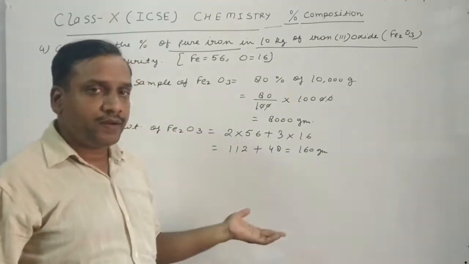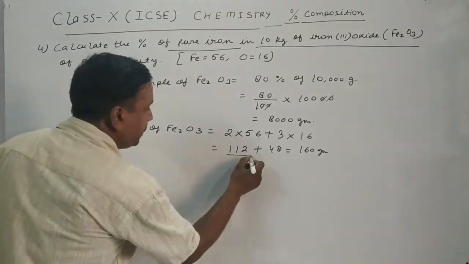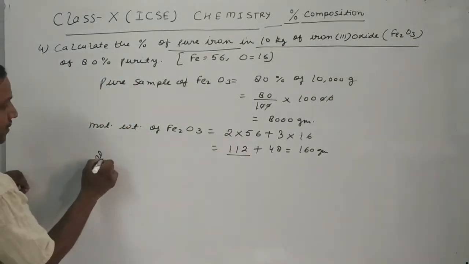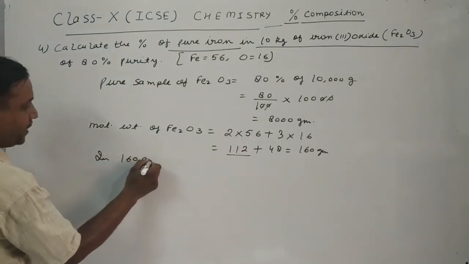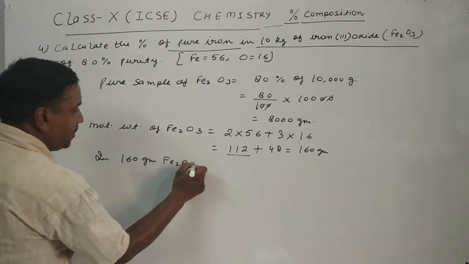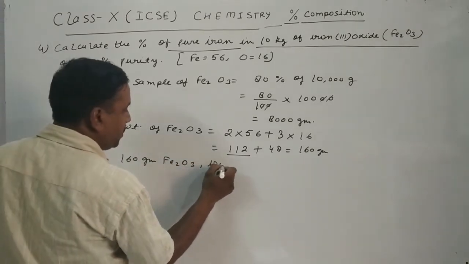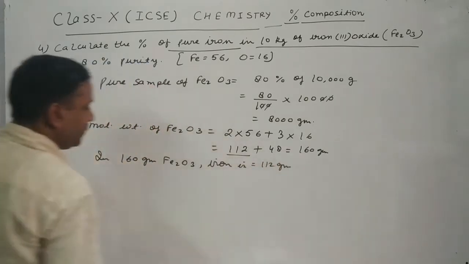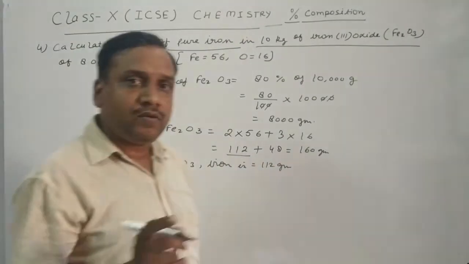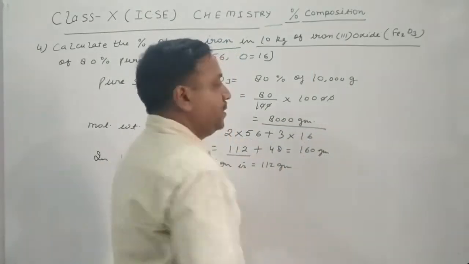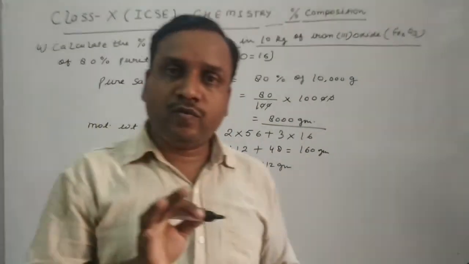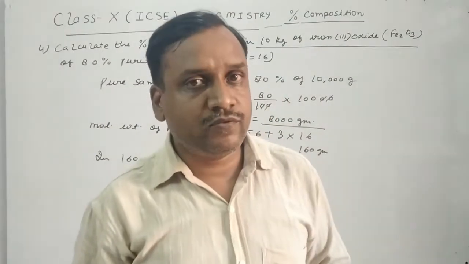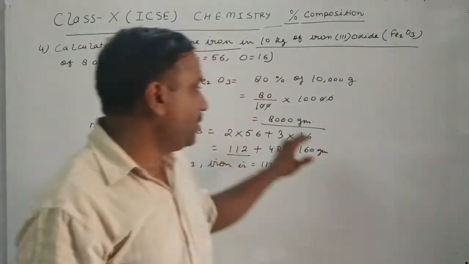But you have to calculate iron. So we will take 112 in 160 gram of Fe2O3. Iron is 112 gram, but you have to calculate the quantity in 8000 gram. I am saying that you are provided 10 kg of Fe2O3, but only 8000 gram is pure.